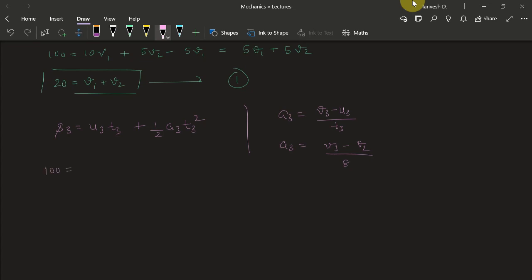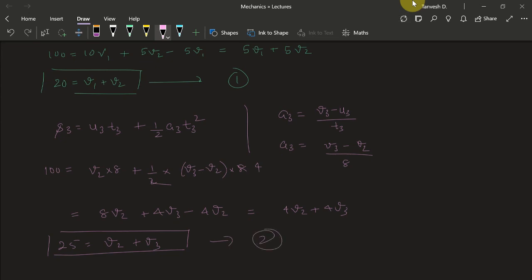So 100 is equal to U3, we know it is V2, into 8 plus half into V3 minus V2 by 8 into 8 square. I'll directly write it as V3 minus V2 into 8. This will get cancelled, 4. So it is 8 V2 plus 4 V3 minus 4 V2, which is equal to 4 V2 plus 4 V3, or we can say 25 is equal to V2 plus V3. This is another equation, correct?